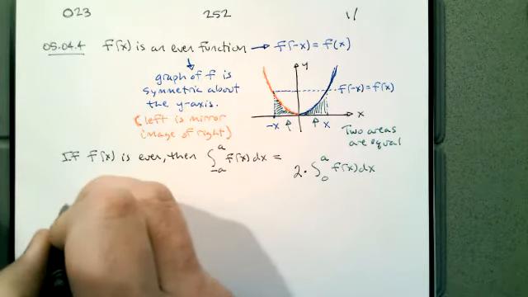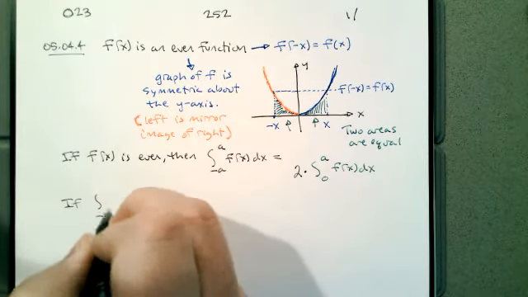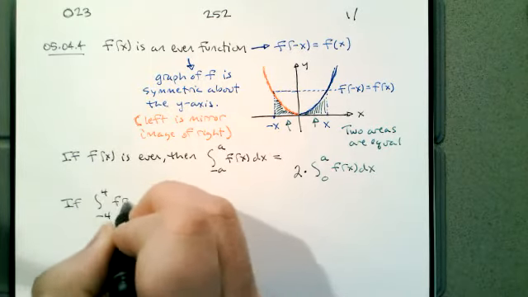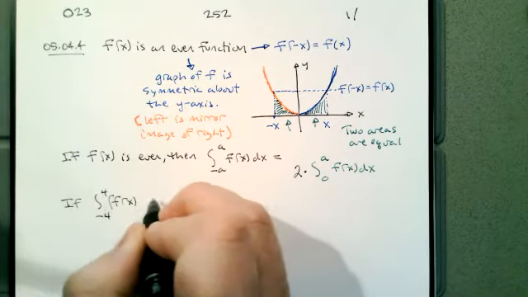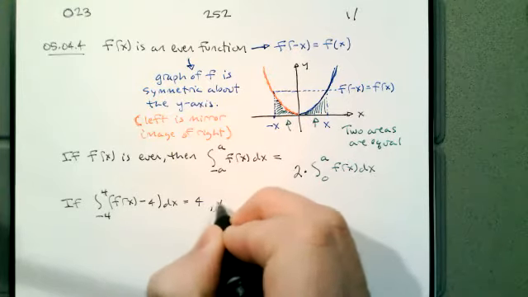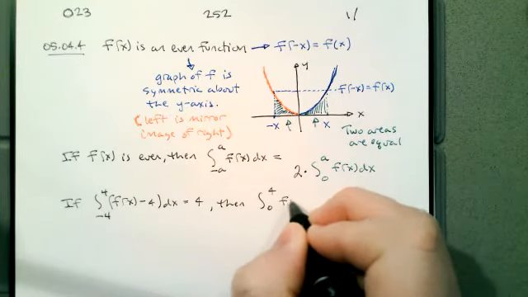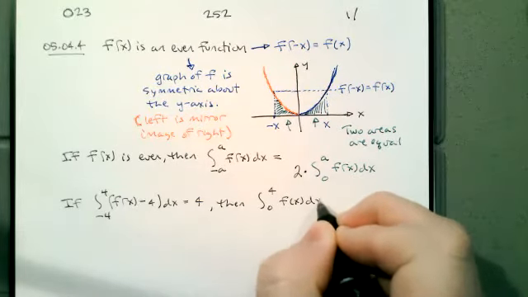We are given, in the problem, if the integral from negative 4 to 4 of f of x minus 4 dx is equal to 4, then we want to find the integral from 0 to 4 of f of x dx.